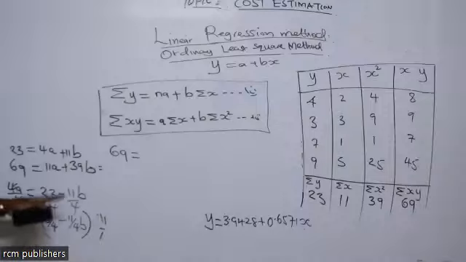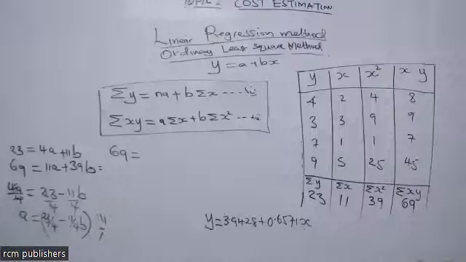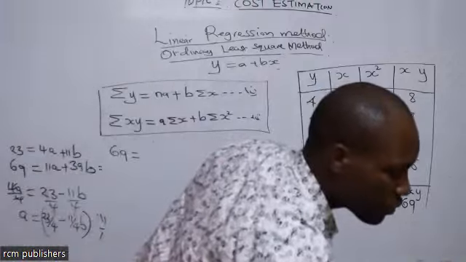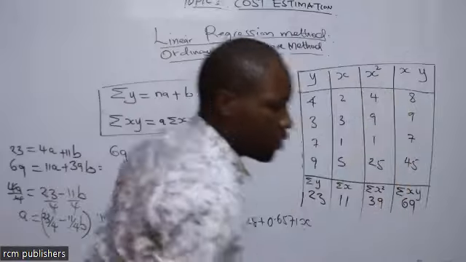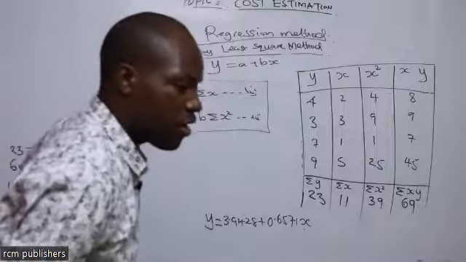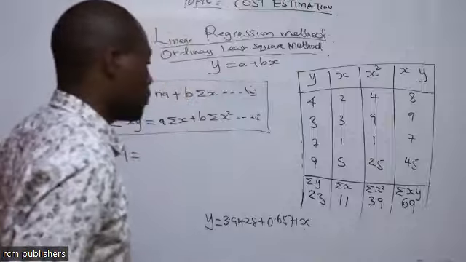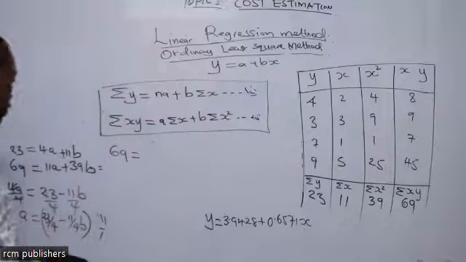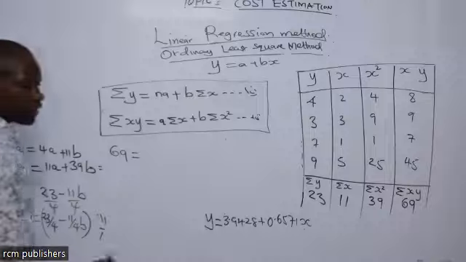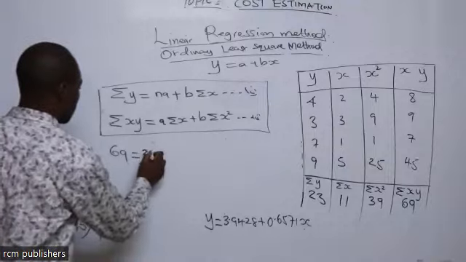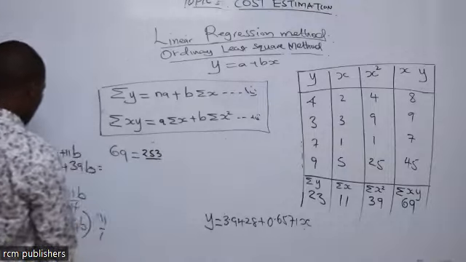So 23 by 11 is how much? 23 by 11, somebody. 253. So we have 253 over 4.